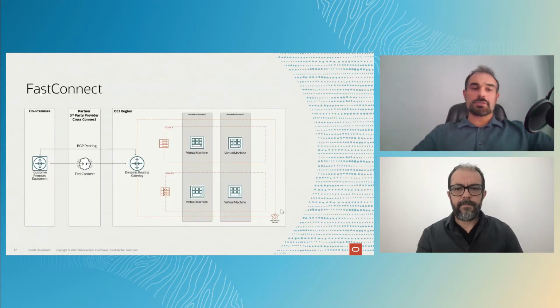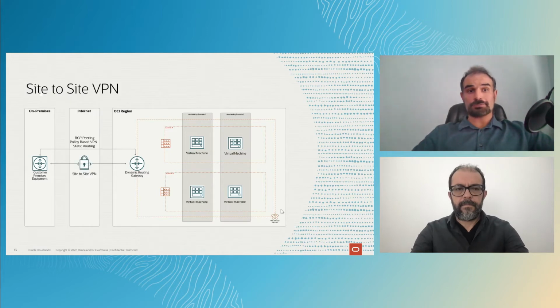Here, we show you the option to establish FastConnect connectivity using BGP for routing between the customer on the right and their on-premises on the left. The customer uses a carrier or some kind of fiber connection into OCI. Once again, this provides higher bandwidth, better latency, and much lower and more predictable jitter.